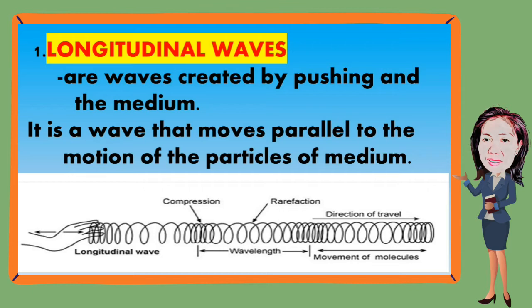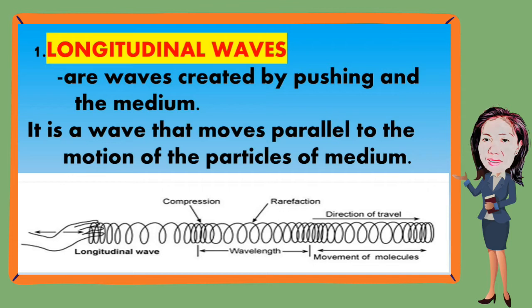Ang tawag dito sa mga part na nag-compress ang mga particles is what we call compression. The part na nag-spread out, this is the rarefaction. And the distance from compression to another compression is what we call wavelength.